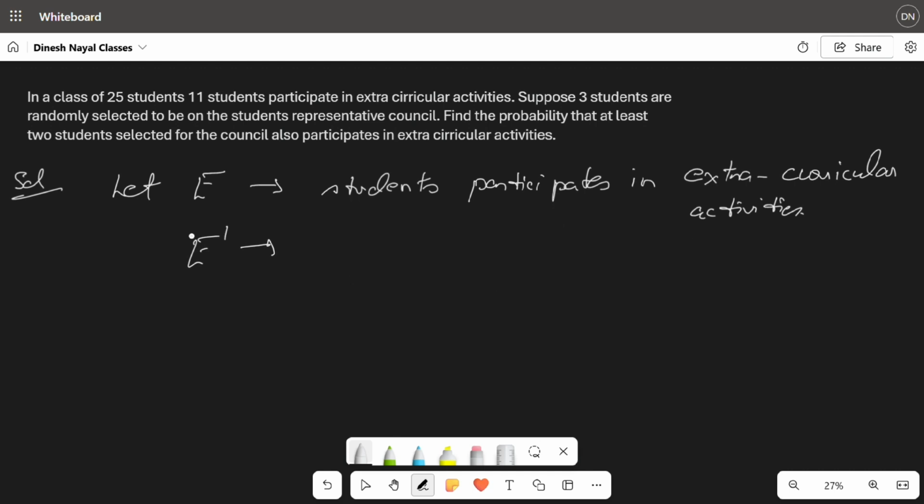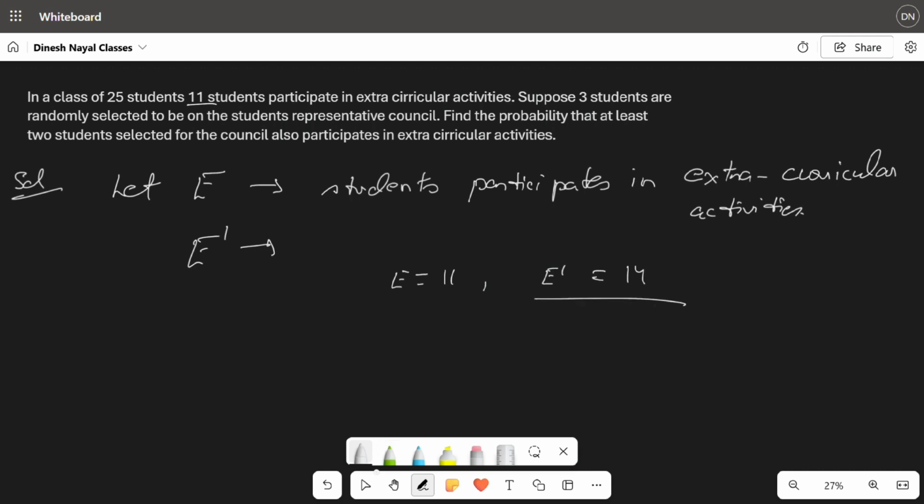So I will be using E and E dash. There are 3 students who are selected. E is 11 and E dash will be 14, because E is given as 11 and the rest, 25 minus 11, will be E dash, which is 14.